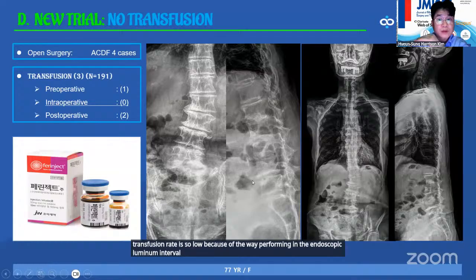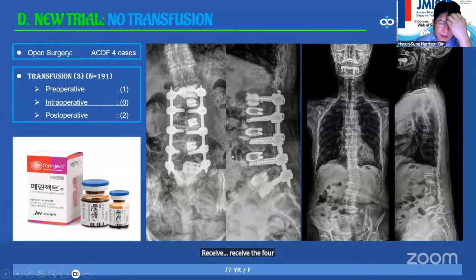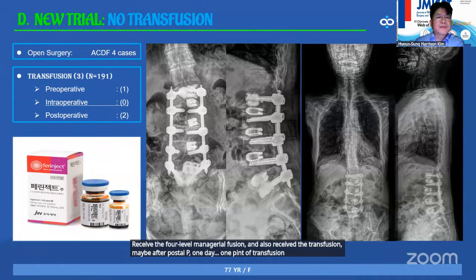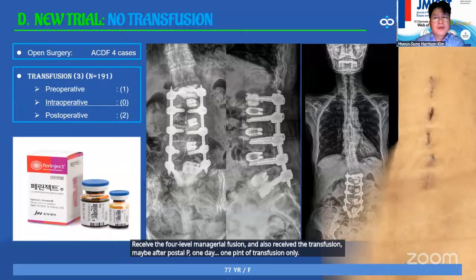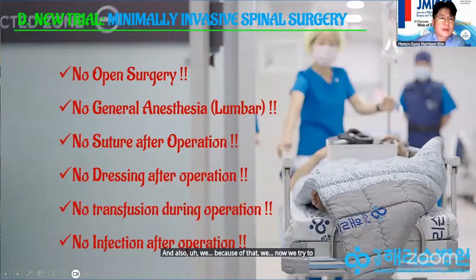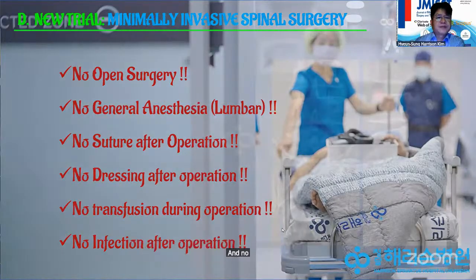This patient also received a 4-level lumbar interbody fusion and received maybe one pint of transfusion only, after post-op 1 day. And because of that, we try for no open surgery, no general anesthesia, no suture, no dressing, no transfusion, and no infection.